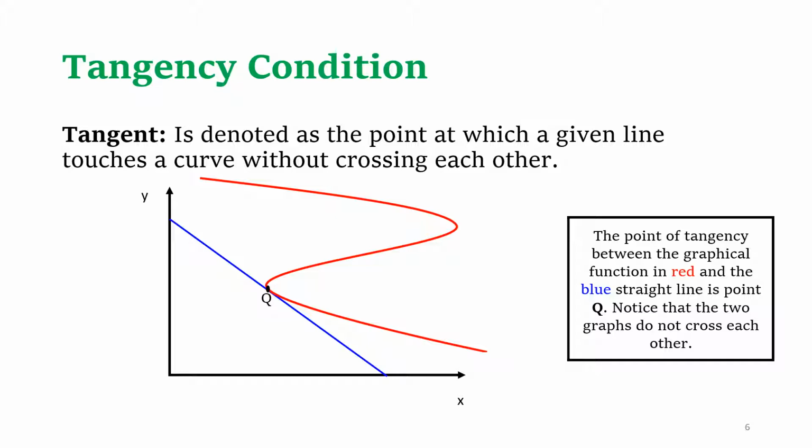In other words, it has to touch the blue line at a particular point. The point where the red line touches the blue line is referred to as a tangent. It is tangential to the blue line.